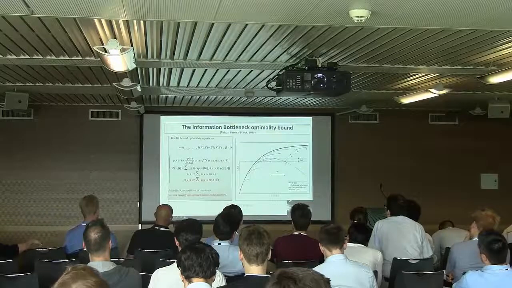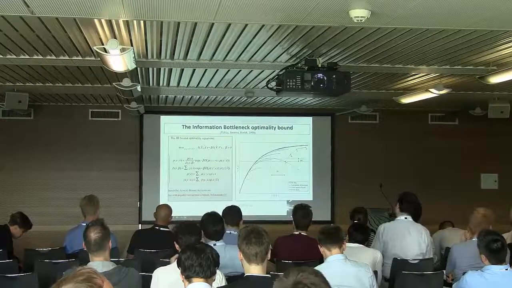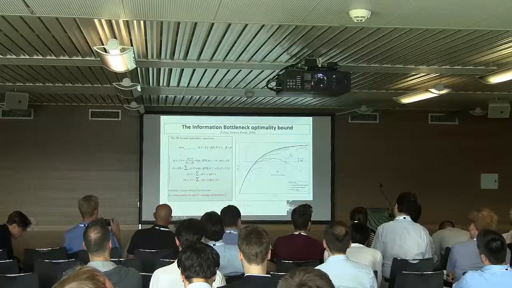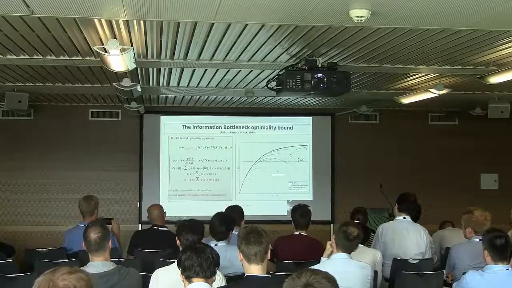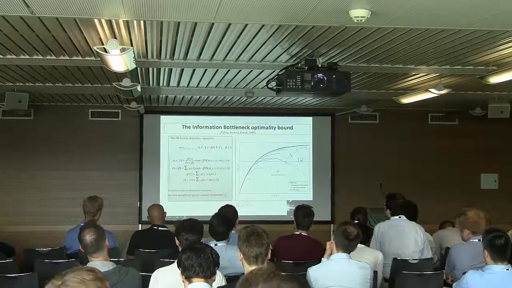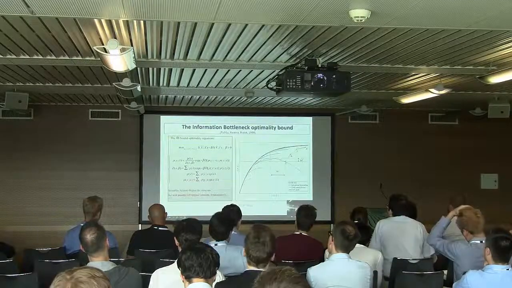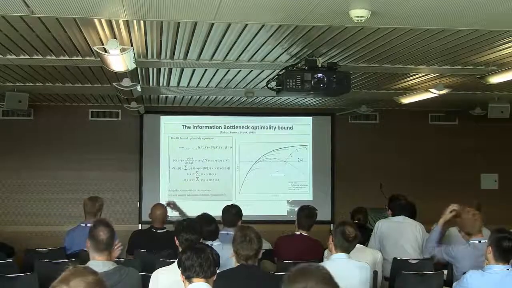Now, the funny thing is that this variational problem, where I put some Lagrange multiplier on the information that I want to preserve, has a very simple looking, or maybe not so simple, but it looks simple, solution, which depends only on the joint distribution of X and Y.